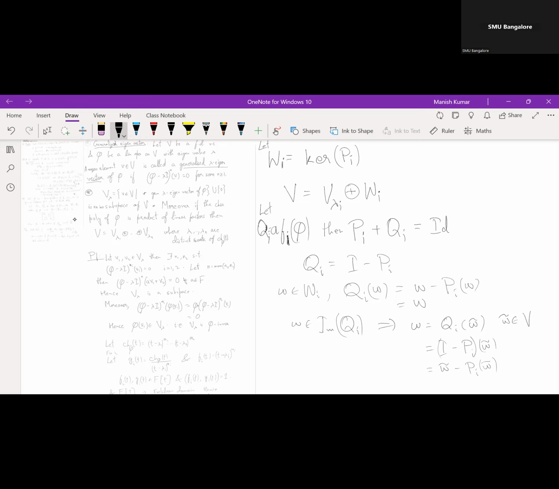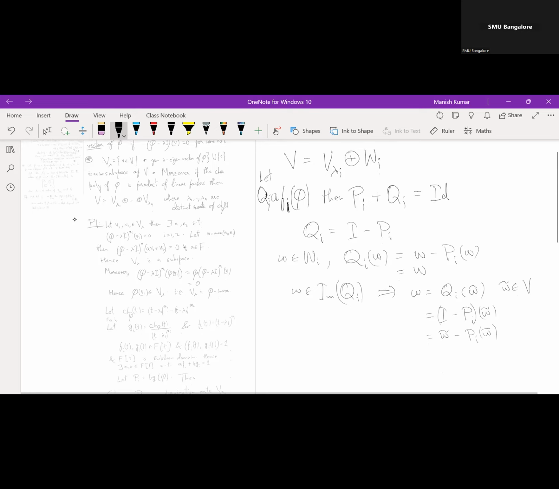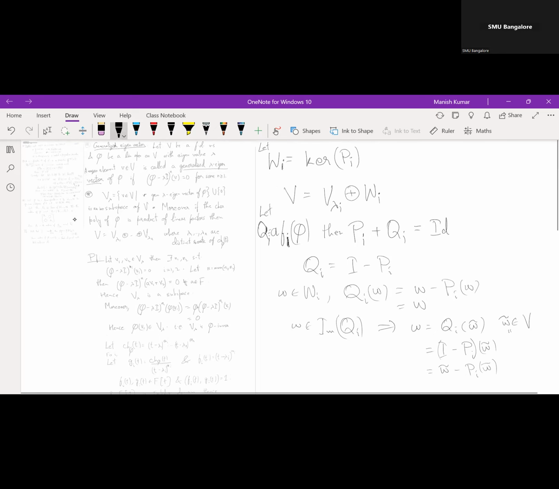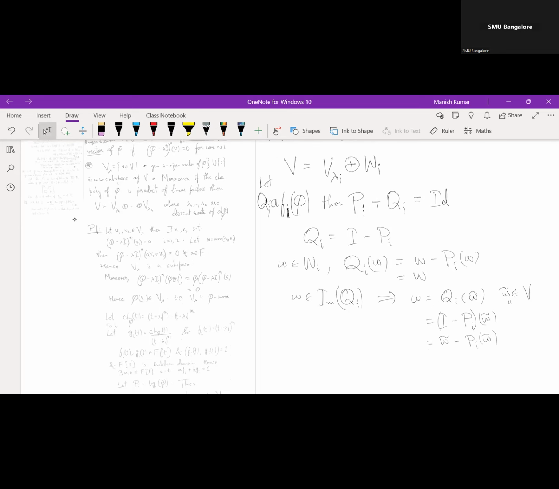But w tilde is something in V, so you can write it uniquely as something in V_lambda_i and something in W_i. Whatever it is in V_lambda_i, it is a projection onto V_lambda_i. So this belongs to W_i.